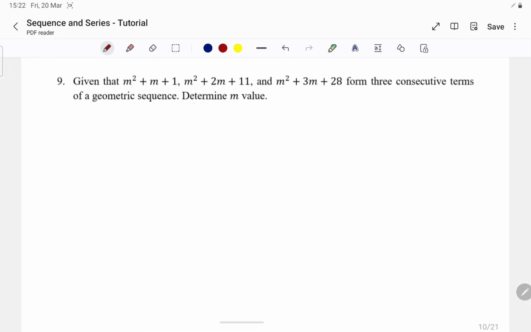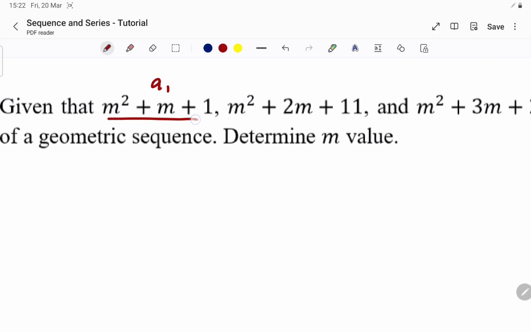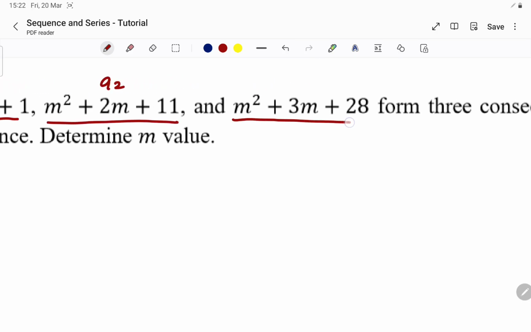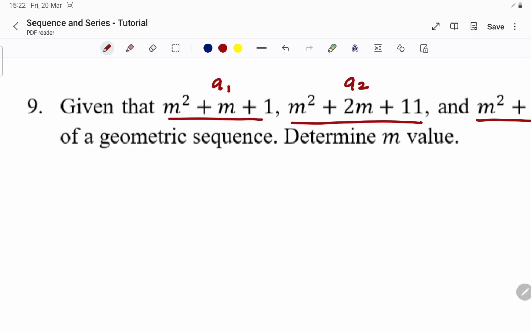Okay, we proceed to the next question. Given that m squared plus m plus 1, m squared plus 2m plus 11, and m squared plus 3m plus 28 form 3 consecutive terms of a geometric sequence. Determine the m value. We want to find the value of m. So this is easy for us. We extract all of the information that we have: this is a1, this is a2, this is our a3.